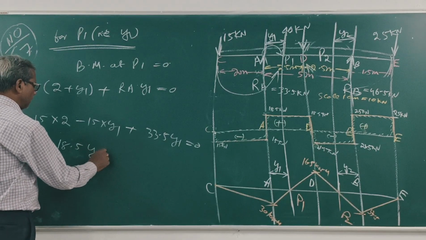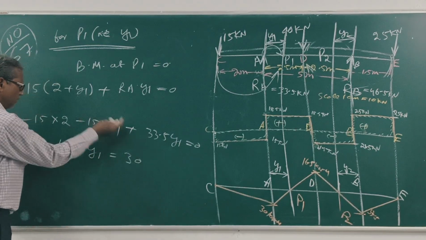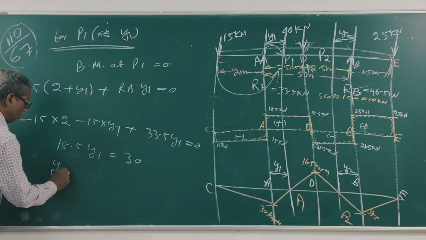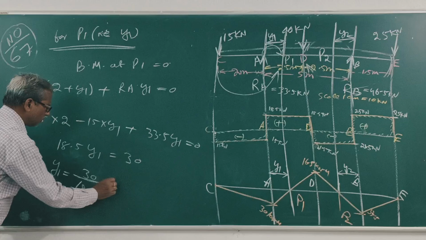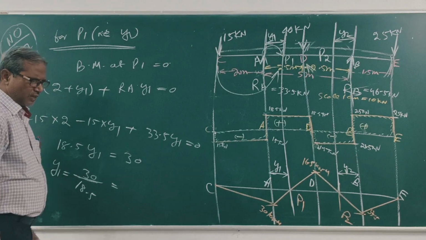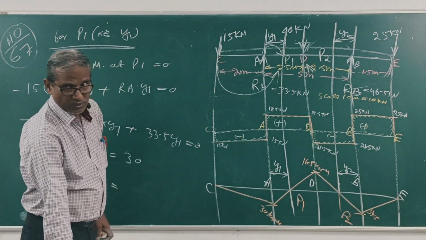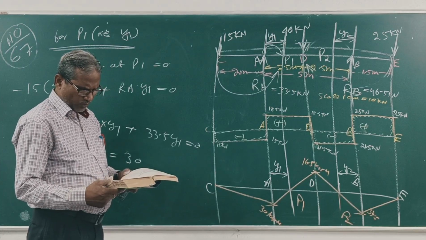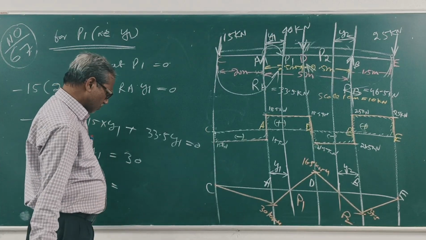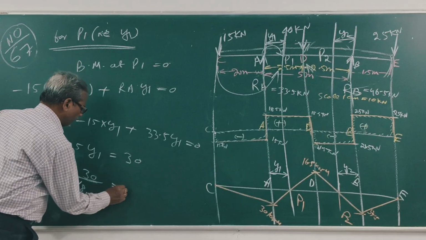So y1 is equal to 30 by 80.5 times... y1 is 1.62 meter.